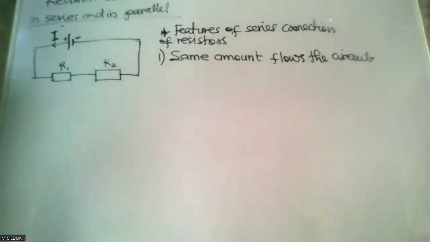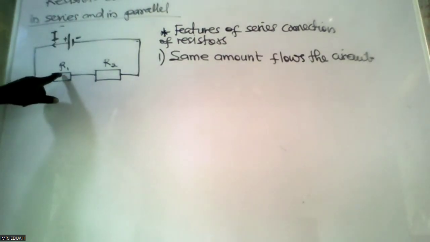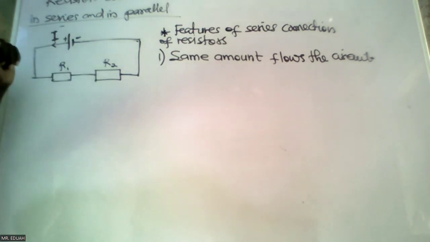So the current that comes into R1 is the same as the current that comes into R2. What is the reason why?